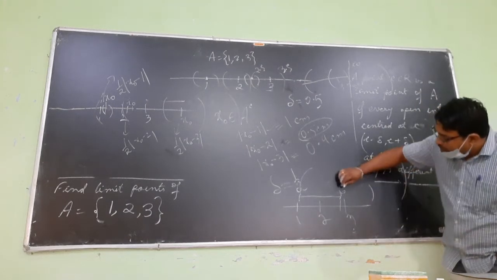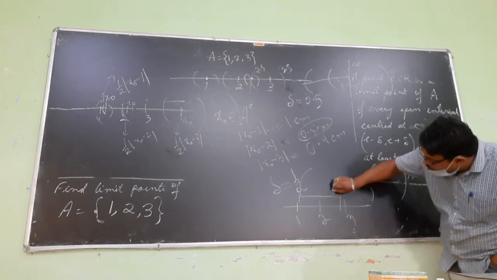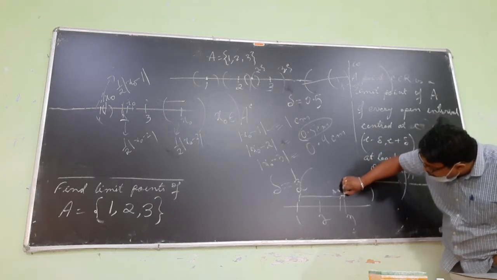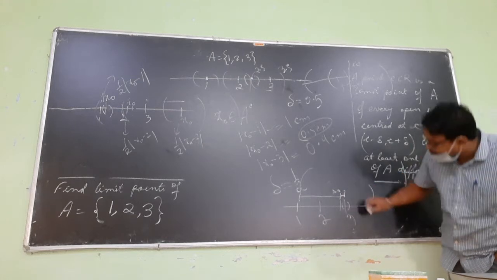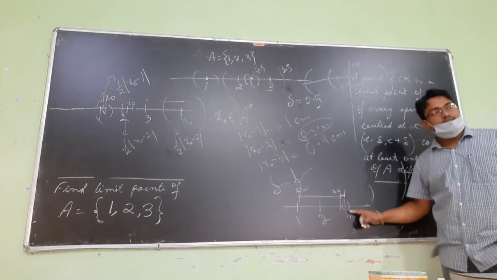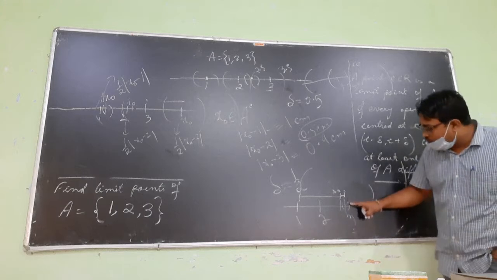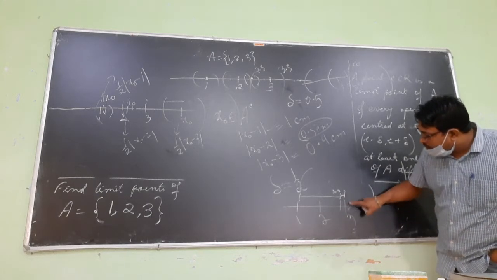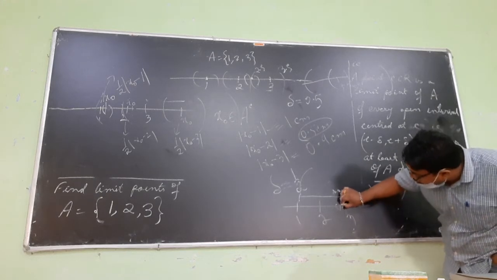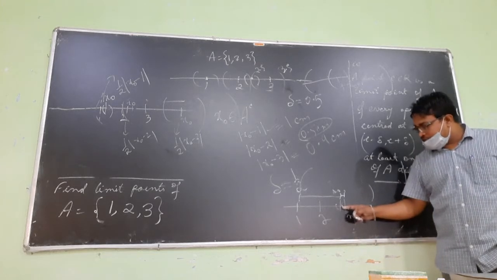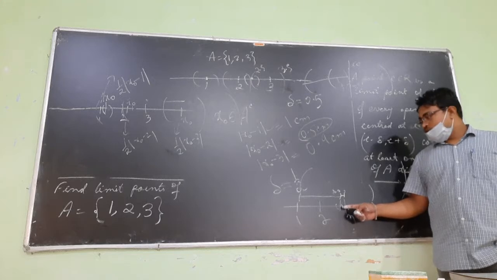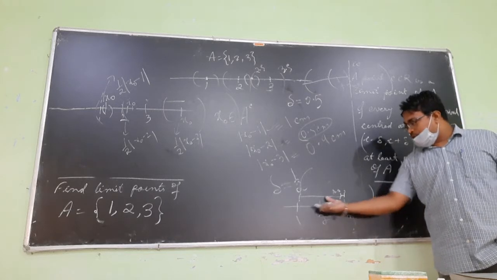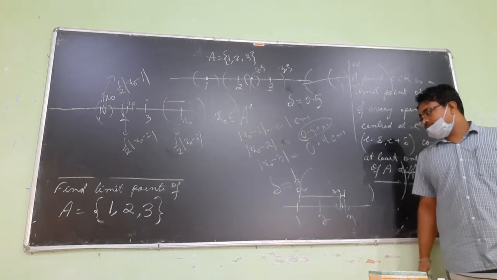But if I take x naught minus 3, this distance, and then consider the half, in that case the open interval will be this one. This will not contain any other point. So out of all three possibilities, which one should I select?